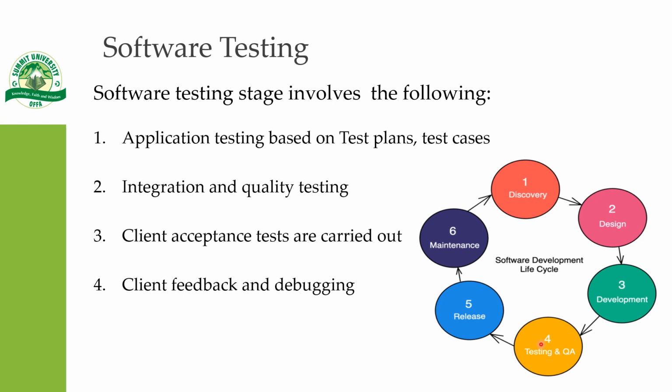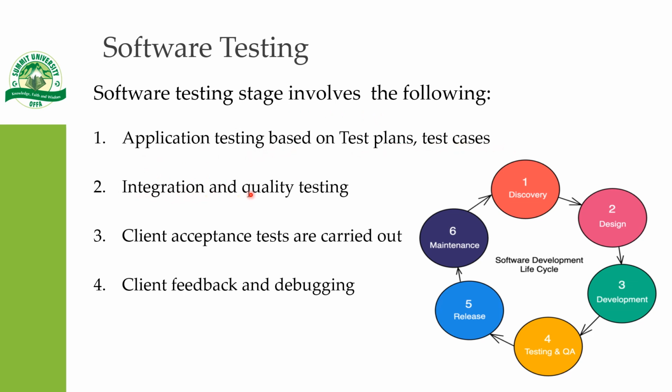You want to be sure that when you are releasing your software to the market, or when you want to start using your software, it does not fail the main purpose it is expected to serve. So that is why you see the testing stage involves application testing based on test plan and test cases.